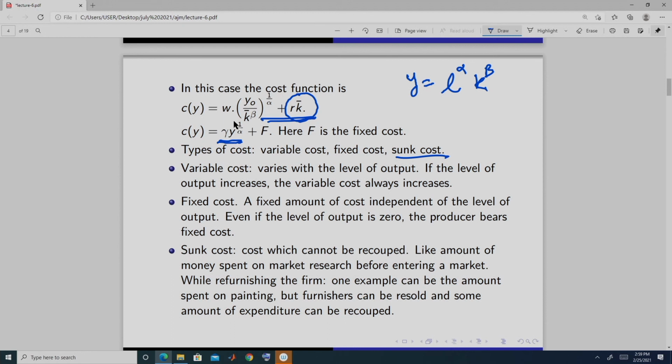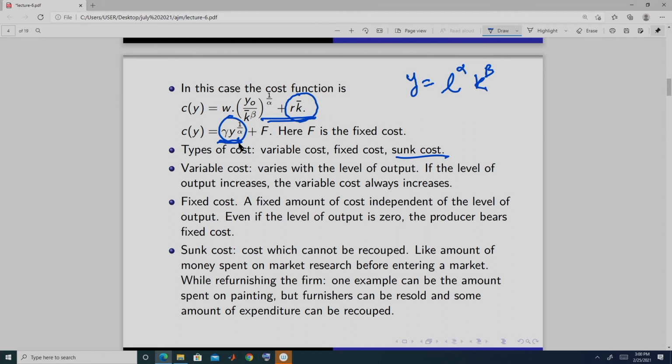So, this portion is going to change. It can change when you increase your output, so your cost will go up. When you decrease your output, the cost is going to go down, and that is going to happen in this portion. Fixed cost is this given. You cannot change it; the moment you keep on increasing the output, this cost is going to stay the same. It is going to be fixed.